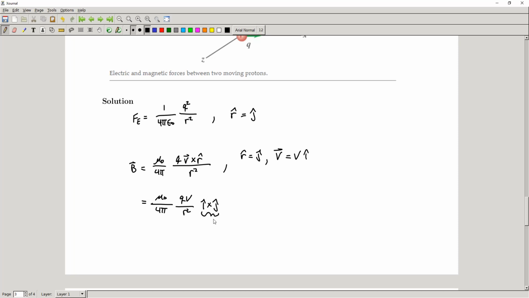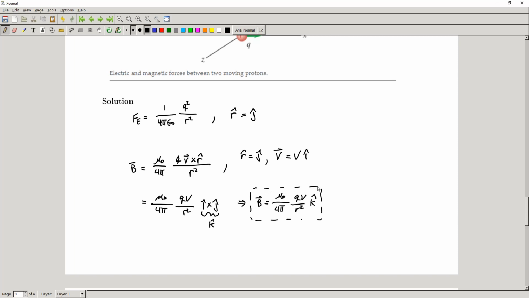This is going to result in k hat, since i hat cross j hat is k hat. And so we're going to end up with a magnetic field that looks like this: mu naught over 4 pi, q v over r squared, k hat. Okay, that's our magnetic field.